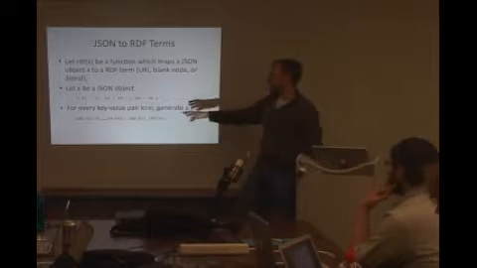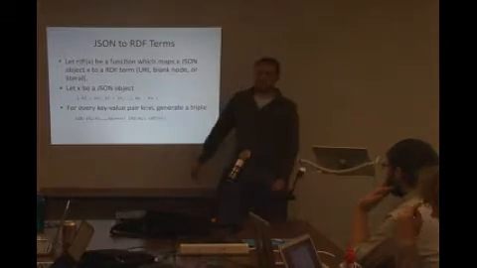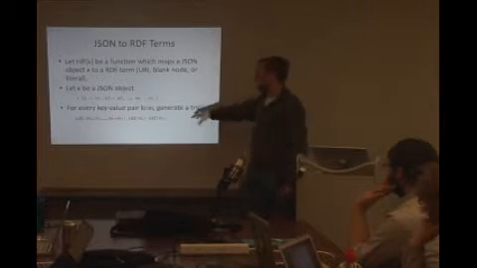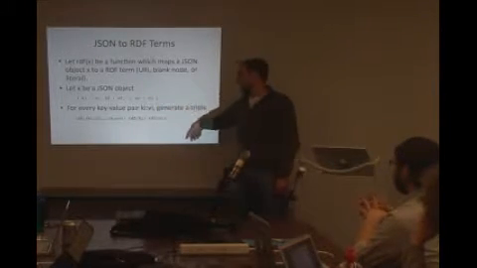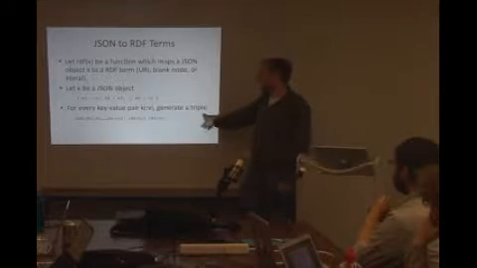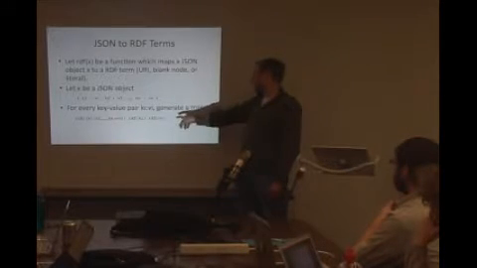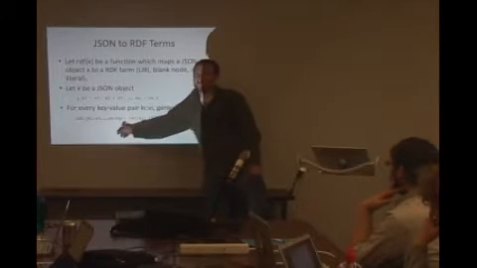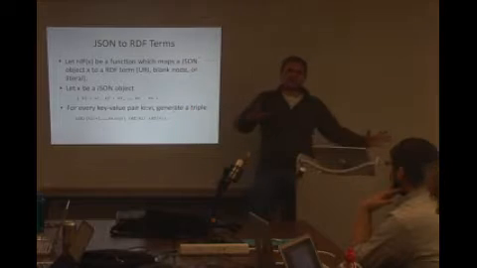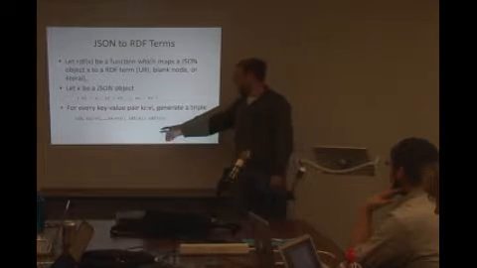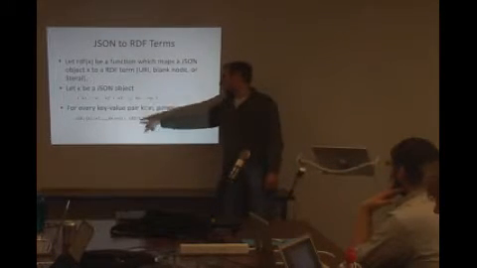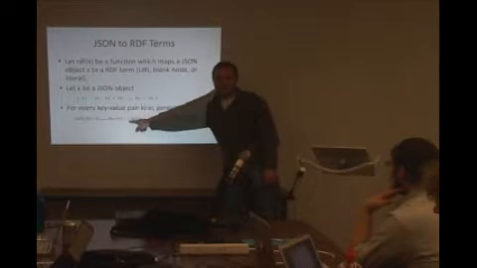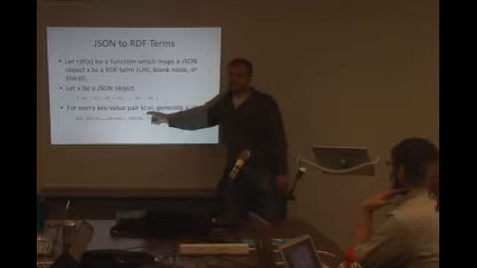So I'm just going to say, let's define this function called RDF, and its domain is a JSON object. A JSON object is basically your key-value array. And for every key-value pair, ki vi, I'm going to generate a triple, right? The subject is going to take the whole object and somehow map it to the correct subject. And then for whatever key-value pair I pick, I'll use ki to generate the correct predicate, and vi to generate the correct object.